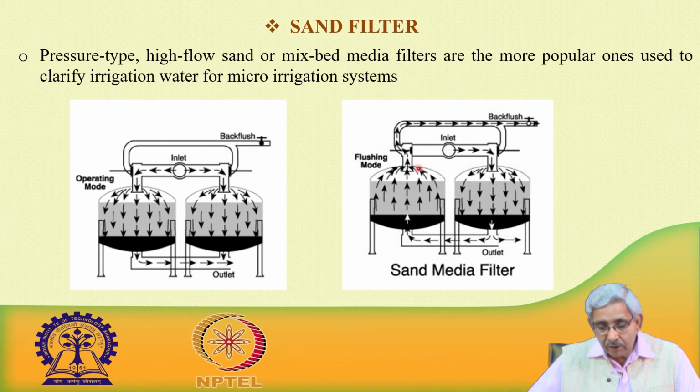Whatever dirt material is deposited in the medium will be taken by the force of water, and then the back flushing is done. So, this valve is kept open, and water is coming from this one. Part of the water will go, so the total supply of water on the left side will be lesser in this case, but this filter will be in the backwashing or flushing mode.